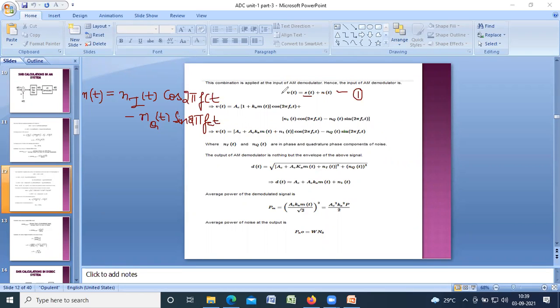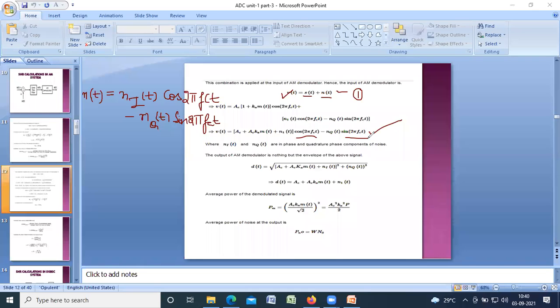Now we have to find out the value of V of t. We already know the value of S of t. Now N of t is already defined in this equation. Put all these two values and find out the value of V(t). After this, you have to rearrange the terms. On one side make cos 2 pi fct, on the other make sin 2 pi fct.